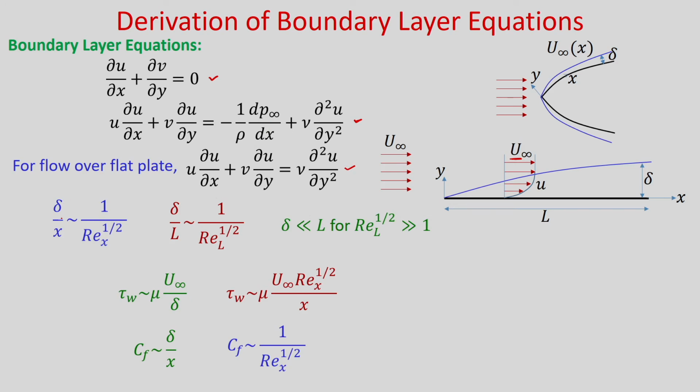We have also shown that delta by x is order of 1 by root Re_x, and for any plate length L, delta by L we can write order of 1 by root Re_L, and delta is much less than L when root Re_L is much greater than 1, and tau w we have shown that it is order of mu u infinity by delta, and delta by x, and Cf is also order of 1 by root Re_x.